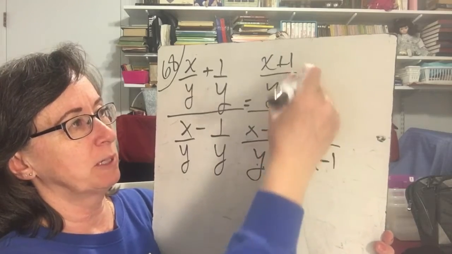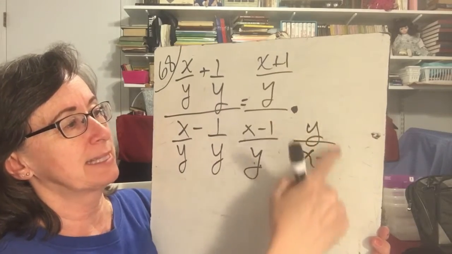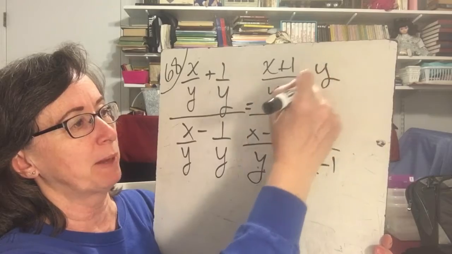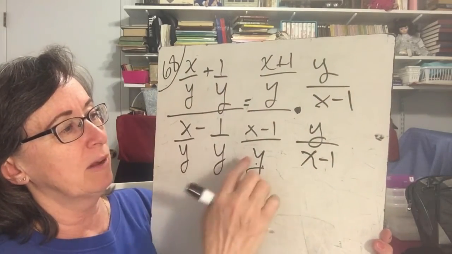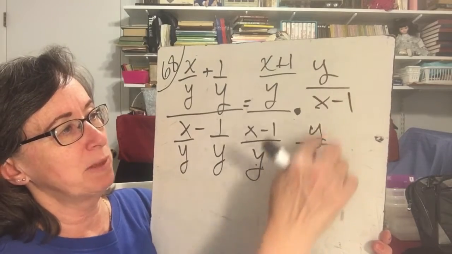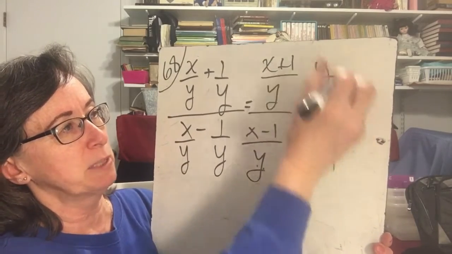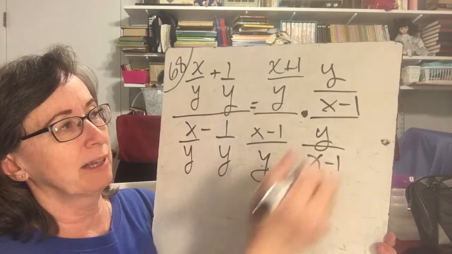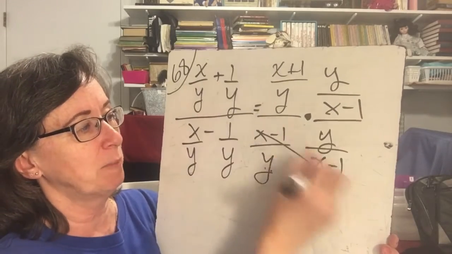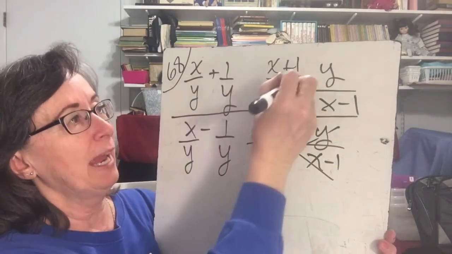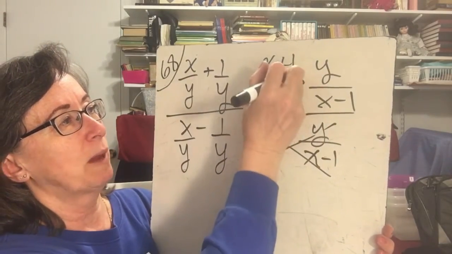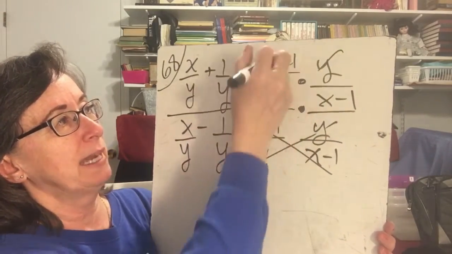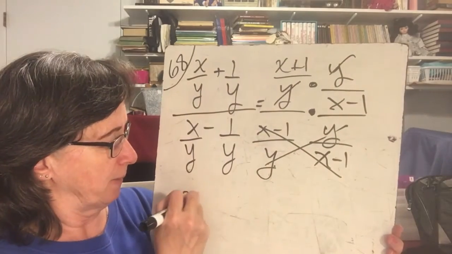And then we're going to multiply this one by the same thing, because we always multiply by 1 or we change things. Okay, so now I've multiplied by the same thing over itself. Therefore, I just multiplied by 1. That's not going to change anything, but it makes this one go to 1. And now we're just multiplying these together. The y's will cancel, and we get x plus 1 over x minus 1.